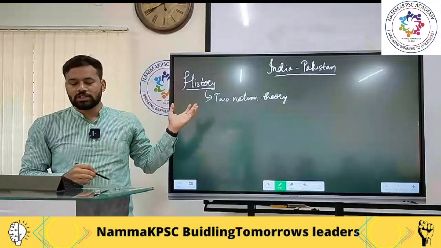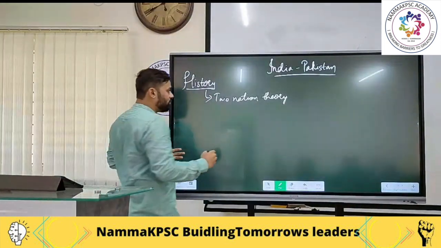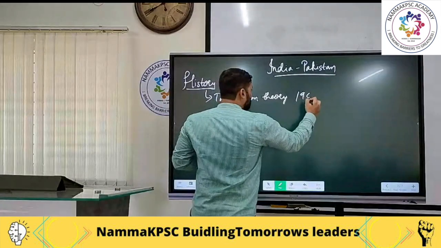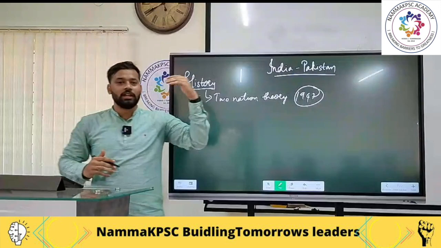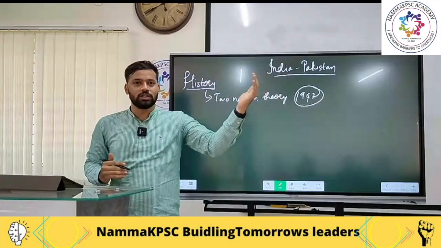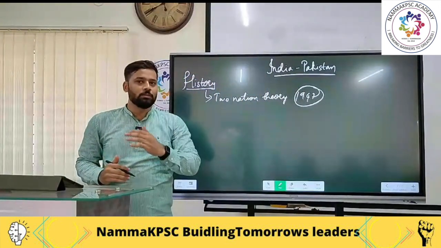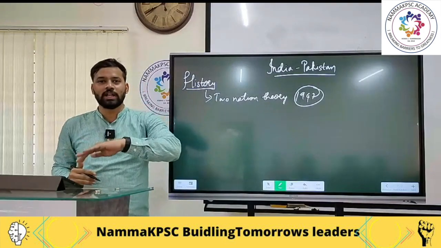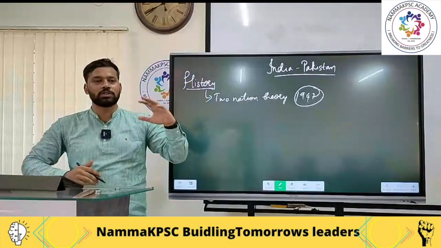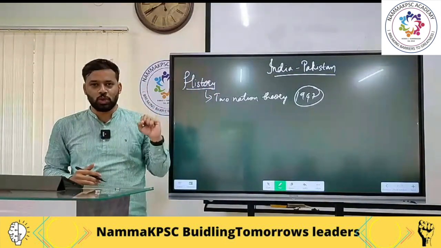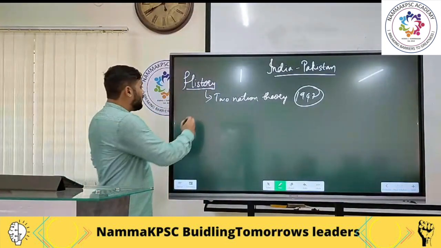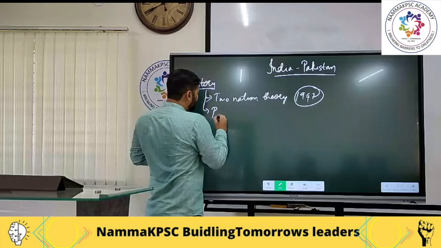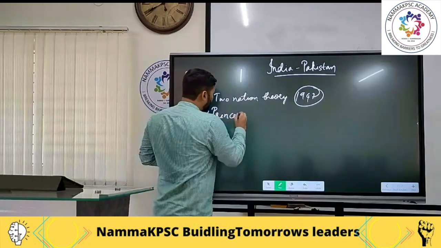After this, during partition, that was in 1947, there was a mass exodus. There were Hindus coming from Pakistan to India and Muslims going from India to Pakistan. There were many clashes as well during this mass exodus of people. And after that, you should know about the princely states.